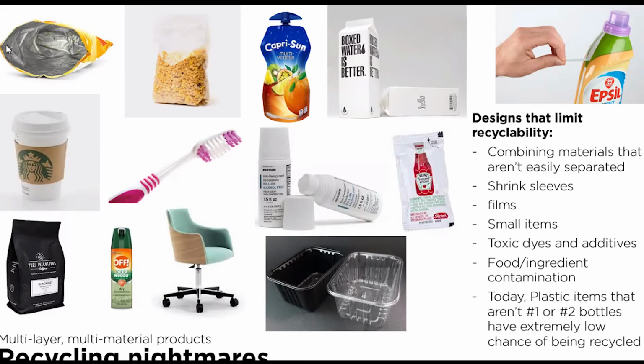Same thing with the chip bag. We have an aluminum lining on the inside of the chip bag. This is mylar. And the reason for this is it drastically reduces oxygen migrating into and out of the bag, which keeps the chips fresh for longer. So this is a design choice and an engineering choice that makes the functionality of the product better, but drastically limits the recyclability of the product.